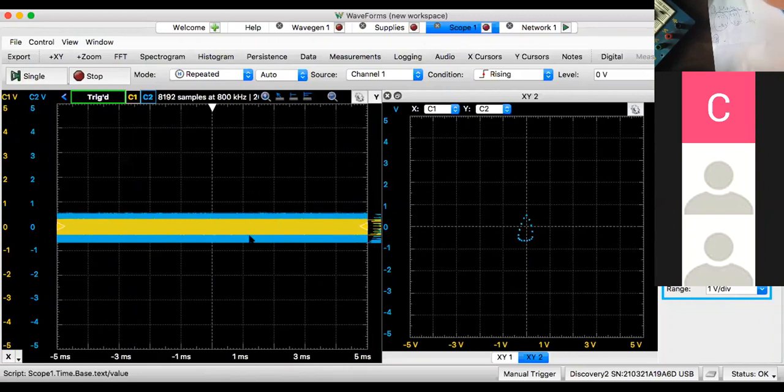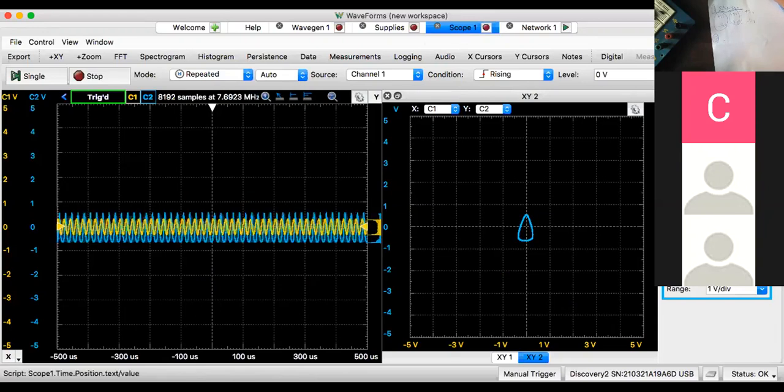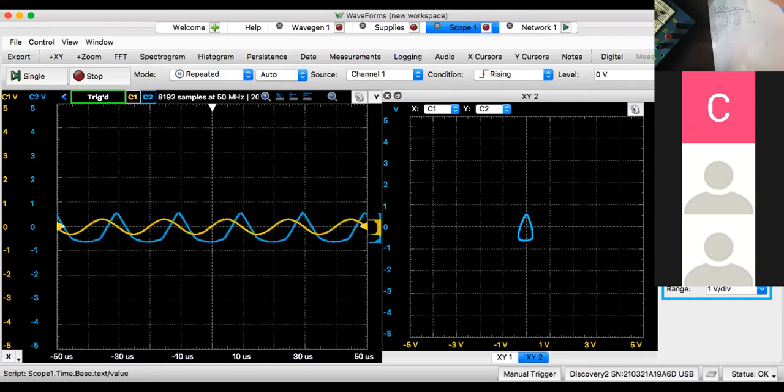So it's a higher frequency. Let's look at my output. You noticed the input, the yellow, is still the same, but the blue is much smaller. The blue is my output. Notice what? The gain is about 2, not 11.